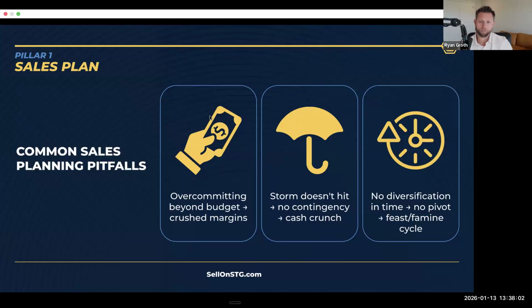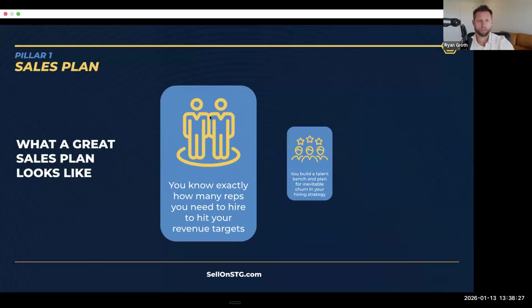No storm hits, so there's a huge cash crunch, and then you don't diversify in time. So you have this kind of feast or famine cycle. So it's really important to focus on add-ons, upgrades, and ancillary products and services, retail that you can actually sell and deliver on and take care of your customer. And that's something that's not dependent upon just the storm.